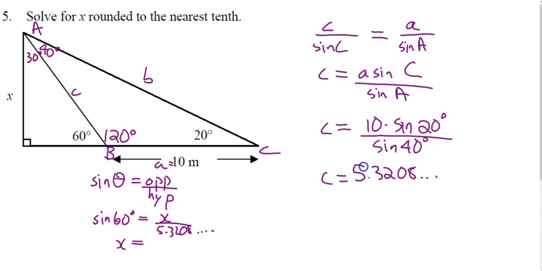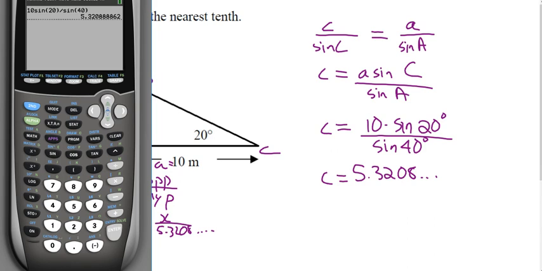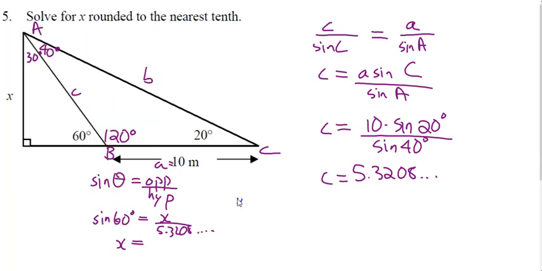So x is equal to that number times sine 60, and we get 4.6, which is what, rounded to the nearest tenth, 4.6 units, meters. Make sure you have units on there. Don't want to lose a half mark.